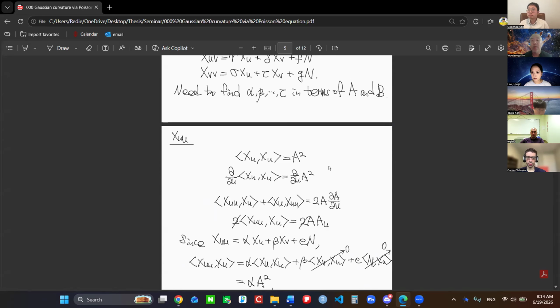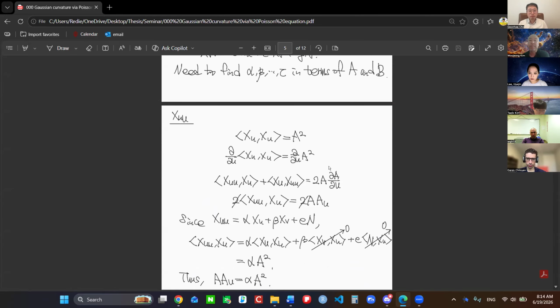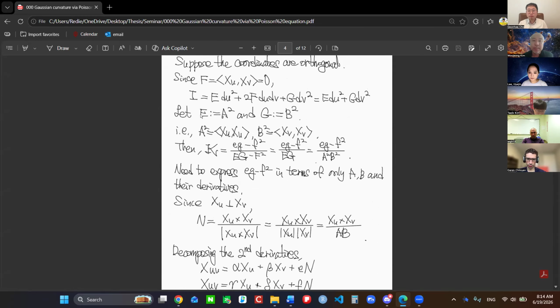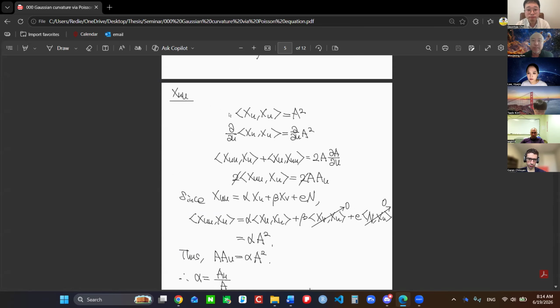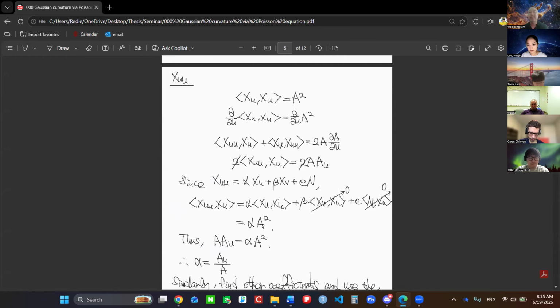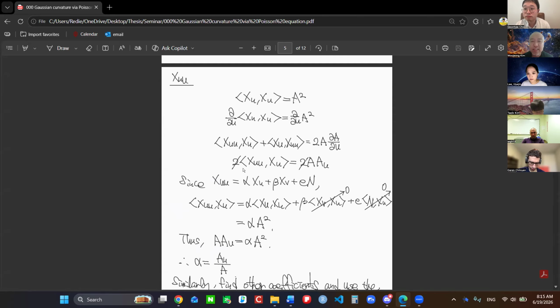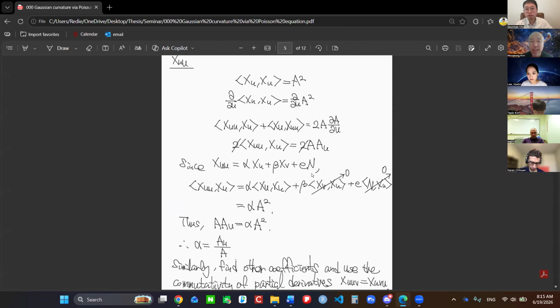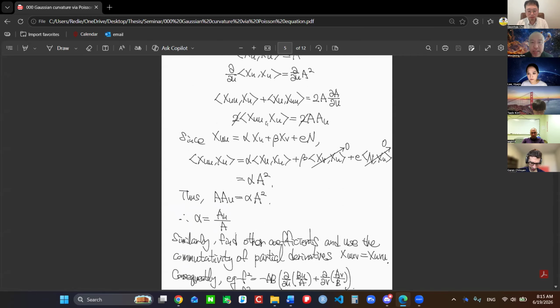So let's take a look at the first one, xuu. We can use the inner product property. We define E as A squared. So this is E, so this equals A squared. If you take a partial derivative with respect to u, then it's going to be like this way and this way, but this is the same, so it cancels out on both sides.